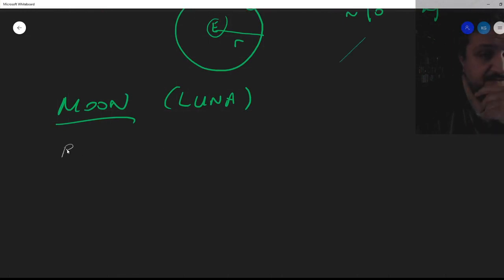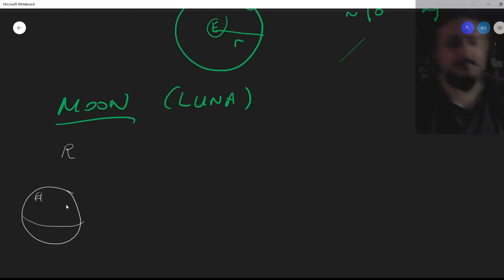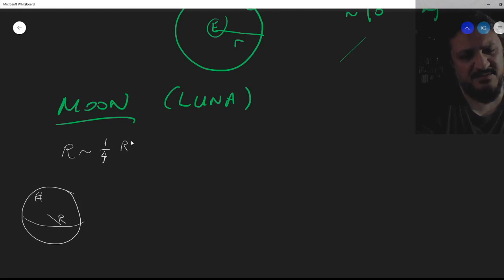The moon is also a sphere. Not perfect, but okay, let's not worry about that right now. Just a sphere with some radius. But that radius is approximately 1/4 of Earth's radius. Maybe a little bigger than that, but approximately 1/4.